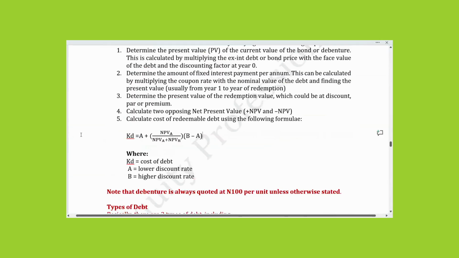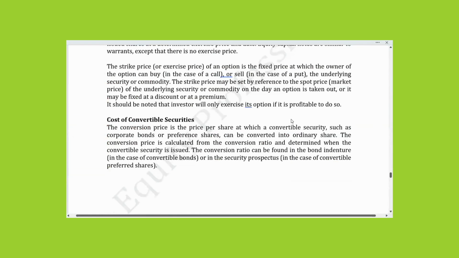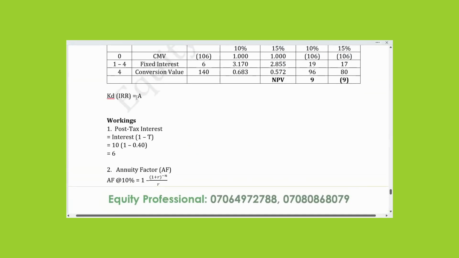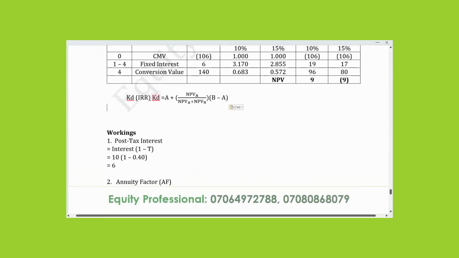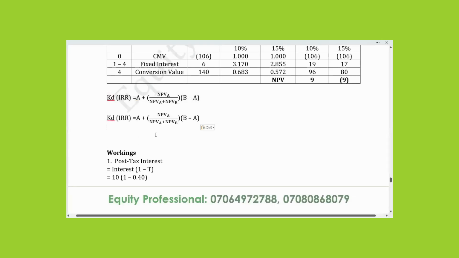Yes, this is it. A is the lower discount rate, B is the higher discount rate. So I will just put the numbers there, the NPVs that we have calculated.